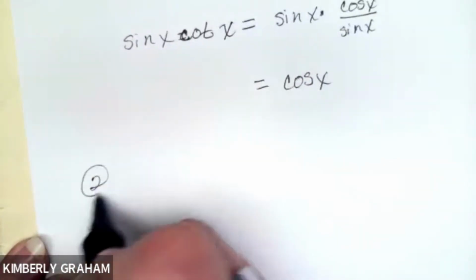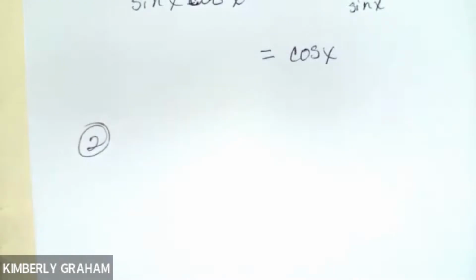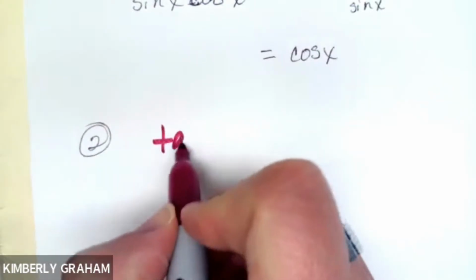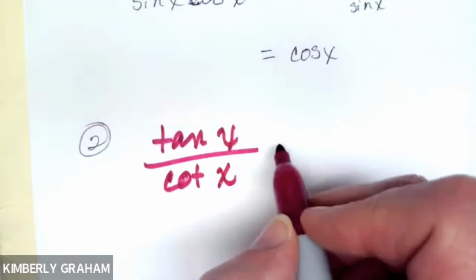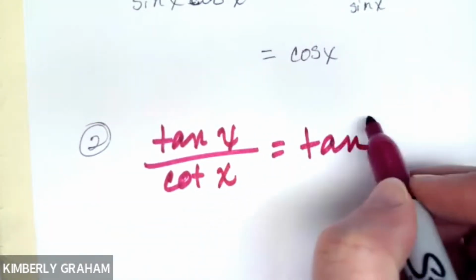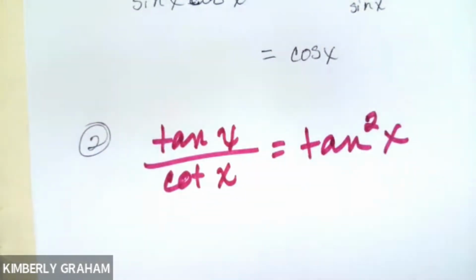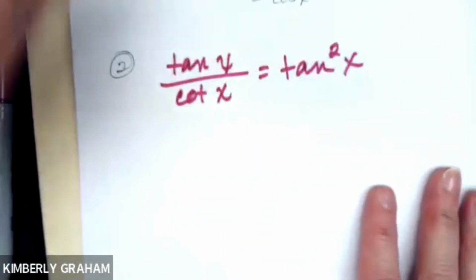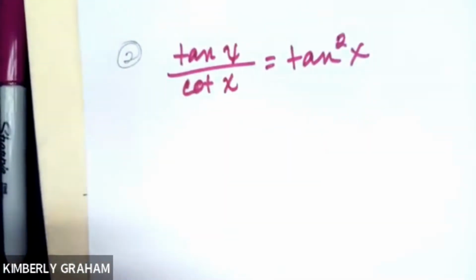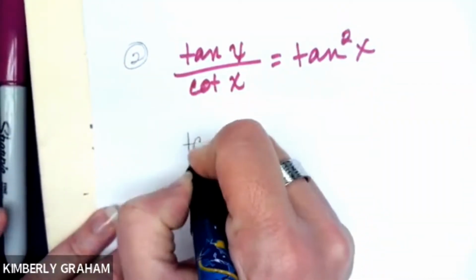Okay, problem 2. Tan x over cotangent x equals. Be sure that you're writing your proofs vertically. They don't go out horizontally. I'm going to start with what's on the left-hand side here.